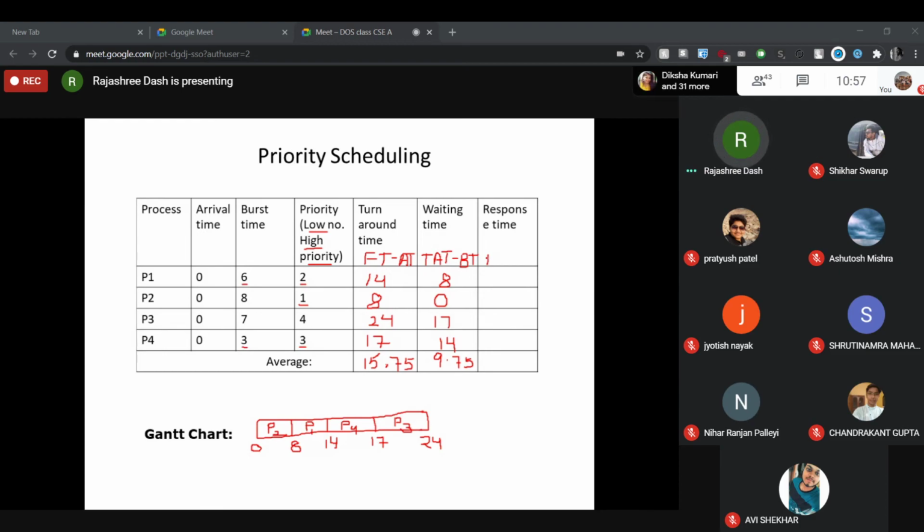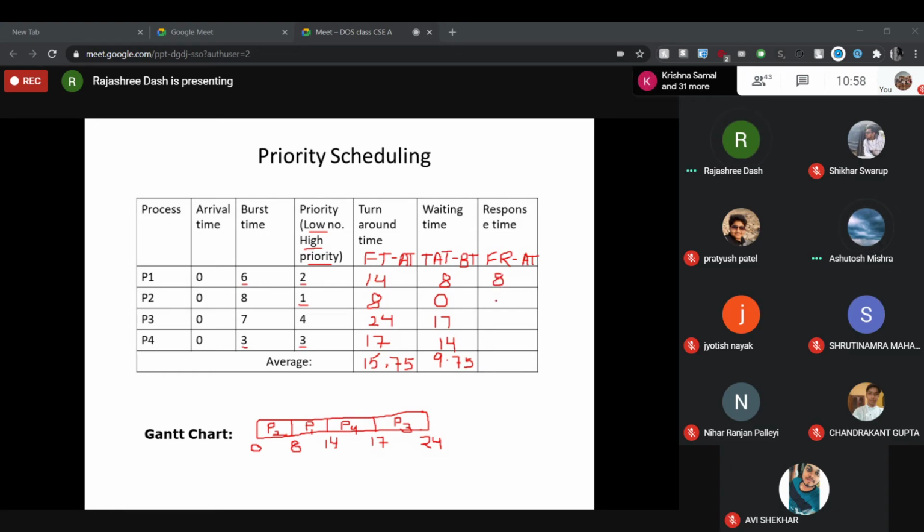Response time is the first response minus the arrival time. So for P1, what is the response time? 8 minus 0, that is 8.